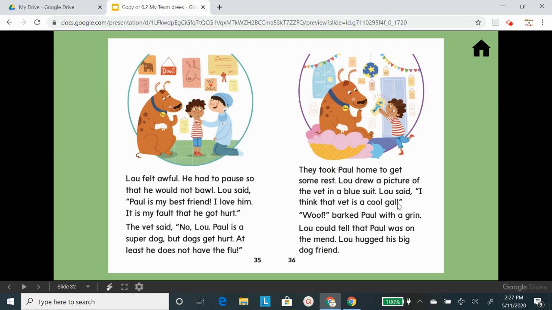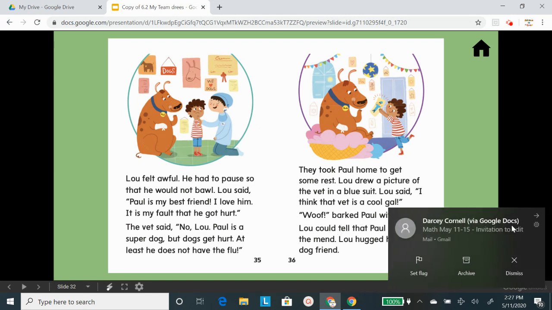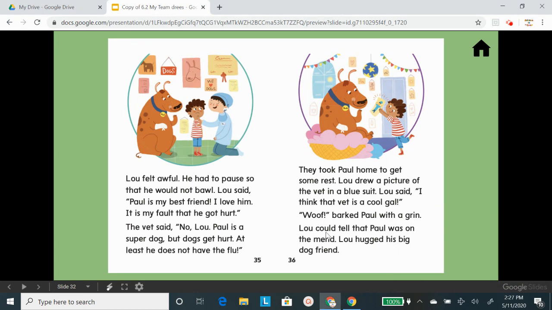That's another word for girl. I think she's a cool gal. What does a dog say? Woof, barked Paul with a grin. Lou could tell that Paul was on the mend. Lou hugged his big dog friend. He hugged him. Let's read that last page.